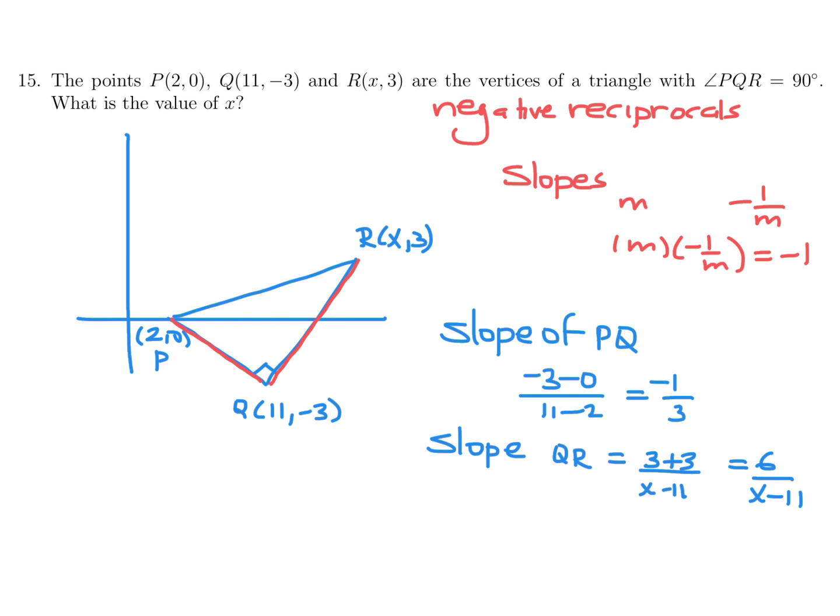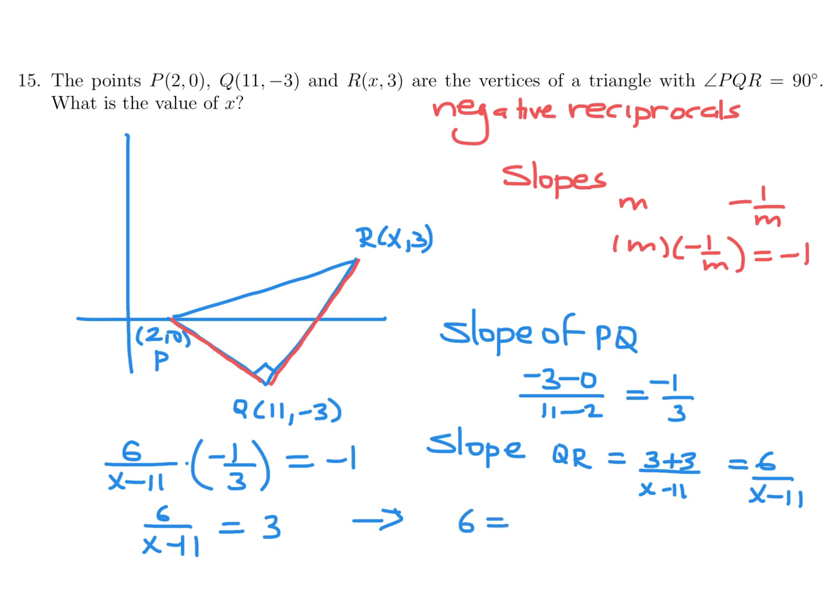So 6 over x minus 11 would be 3, I guess, right? So that would mean that 6 equals 3x minus 33, and therefore 39 is equal to 3x, and therefore x is equal to 13. X is 13.